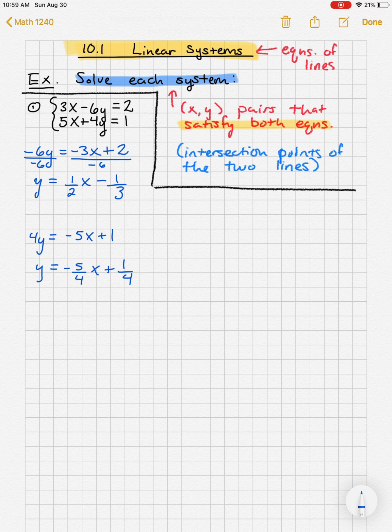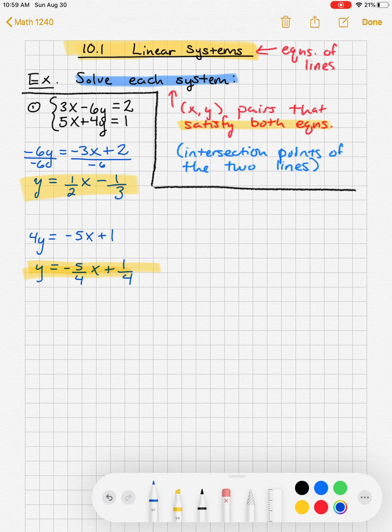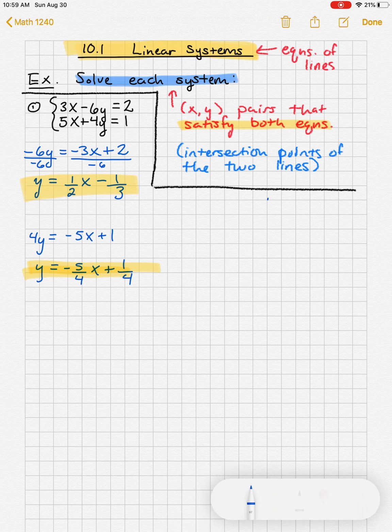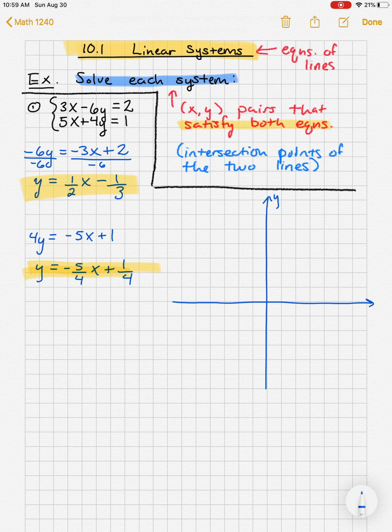So one thing I was thinking was, I guess I could graph these equations, but I don't know how nice that's going to come out. I'm just going to do this roughly. I'd have to really be careful with my scale to do a nice graph with those fractions. So if I did this roughly, the top equation, I start at -1/3, that's the y-intercept.